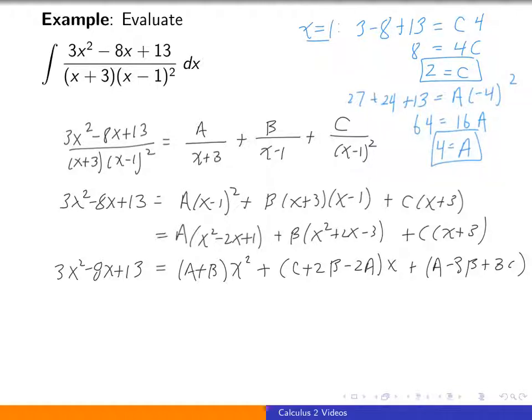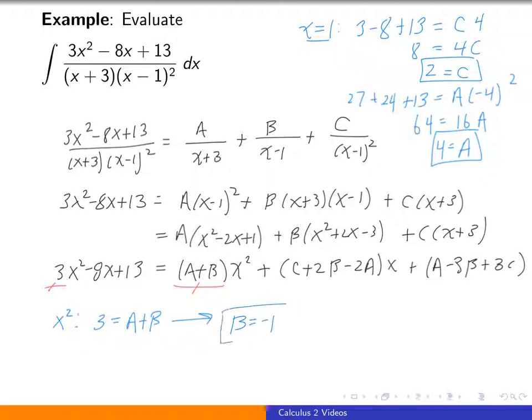So for example, the coefficient of x squared on the left is 3, and on the right it is A plus B. So what we need to happen here, in terms of those x squared coefficients, is we need 3 to be equal to A plus B. And looking above, since we already know that A is equal to 4, that means B is going to be equal to minus 1.